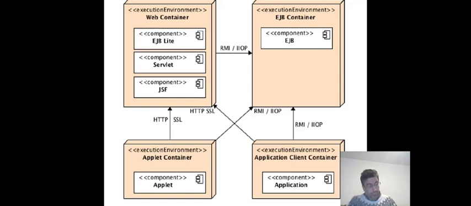Java EE is a set of specifications implemented by different containers. Containers are Java EE runtime environments that provide certain services to the components they host, such as lifecycle management, dependency injection, concurrency, and so on.